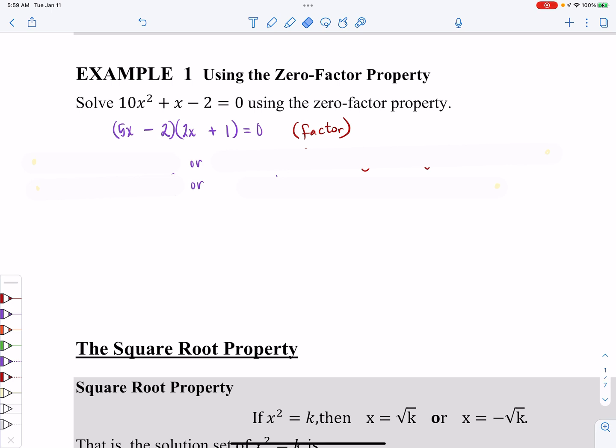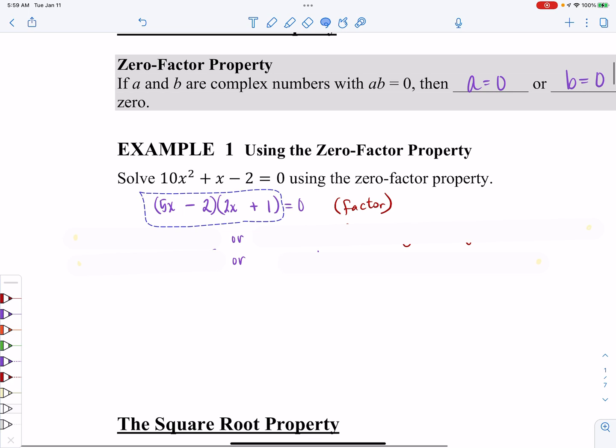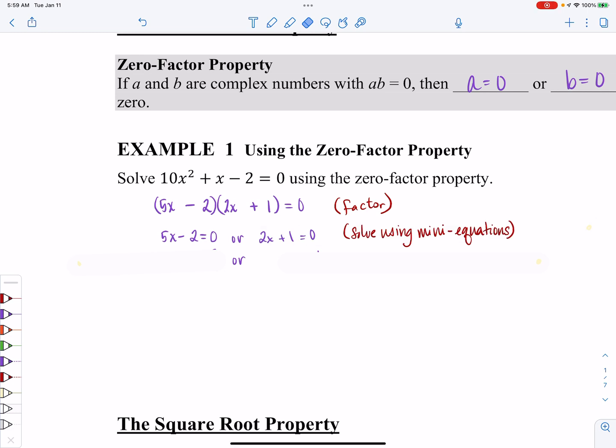Now, using what we just read up here, notice that I have the product of two binomials, and this product is equal to 0. So if the product is equal to 0, then one of the two has to equal 0. So we'll set up two mini equations. The first one is going to be 5x minus 2 is equal to 0, and the second one is going to be 2x plus 1 is equal to 0.